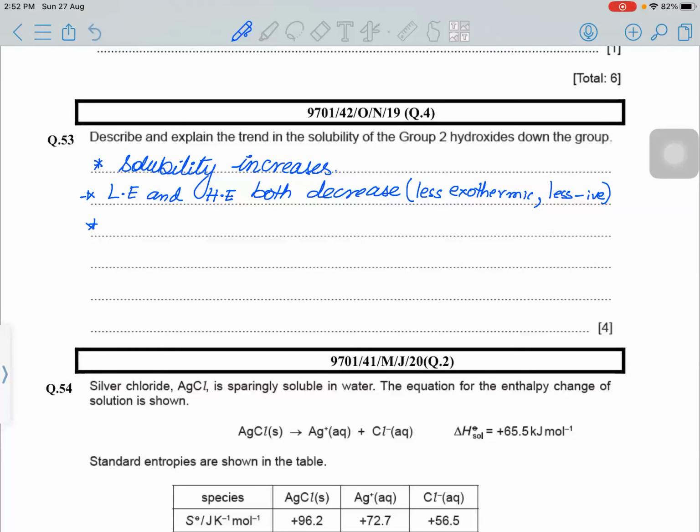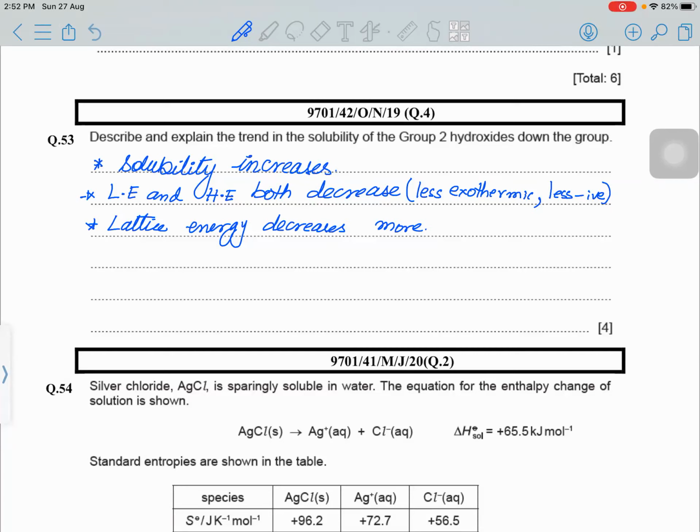Point number 3, for hydroxide, always remember lattice energy decreases more. That's why it means hydration energy is more, right? So lattice energy decreases more than hydration energy. Down the group, solubility increases.